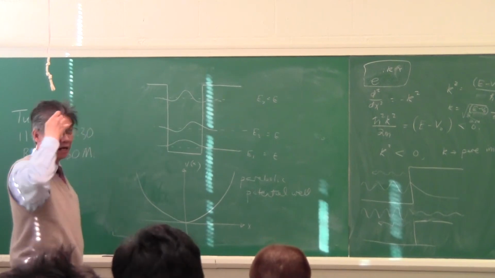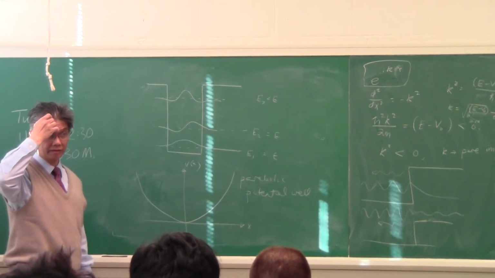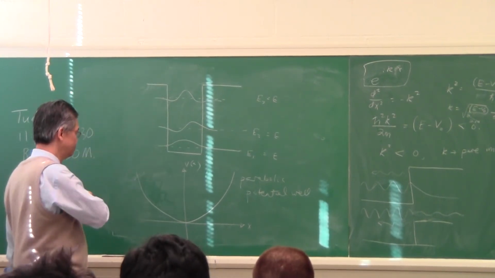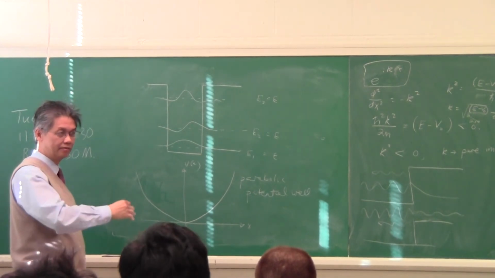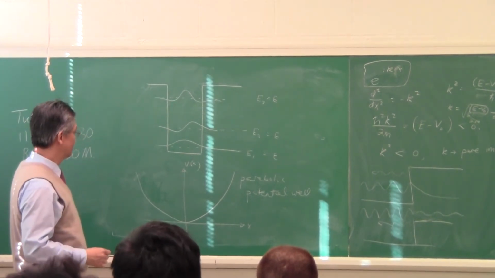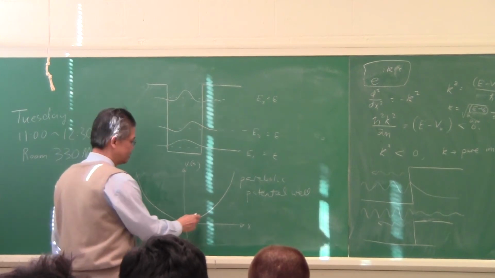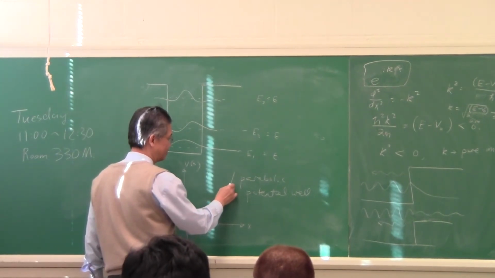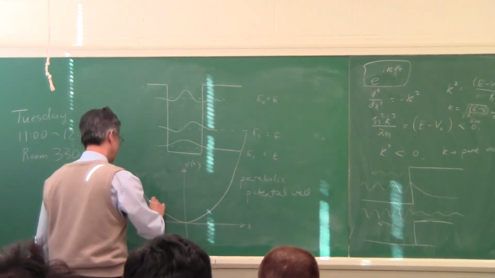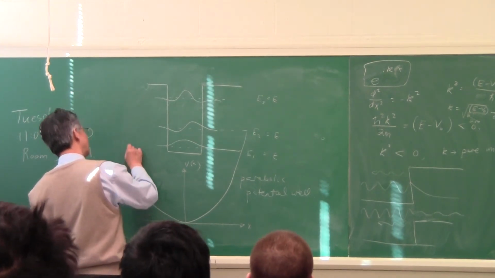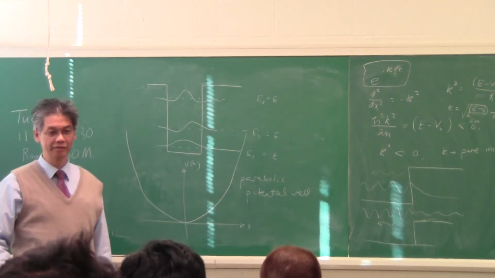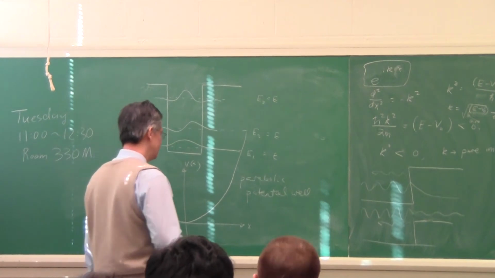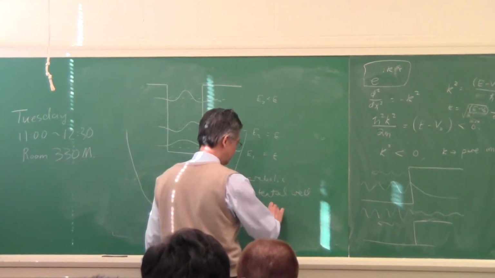If you trap a particle in this potential wall, the particle will move back and forth just like a pendulum does. Another thing is that this potential wall keeps going up and up. In principle, it keeps going up and up, so the particle can never leave this potential wall. It's always trapped. This is the potential wall of a simple harmonic oscillator.